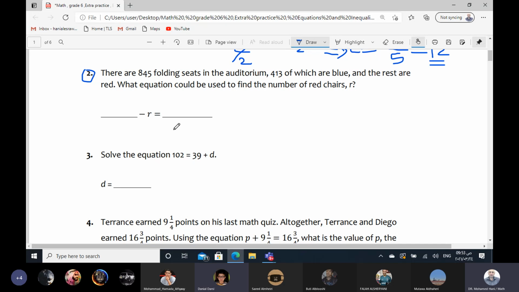Mister, the answer is 845 minus R equals 413. Thank you, Daniel. Who has a different answer? Mr., it equals 845 minus 400 minus R equals 432.